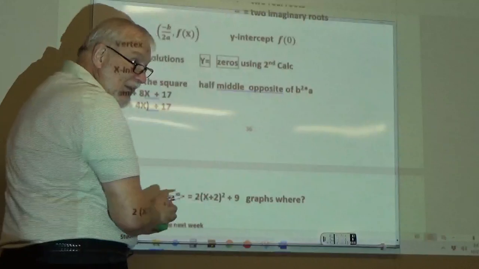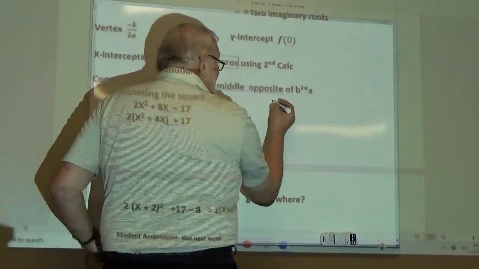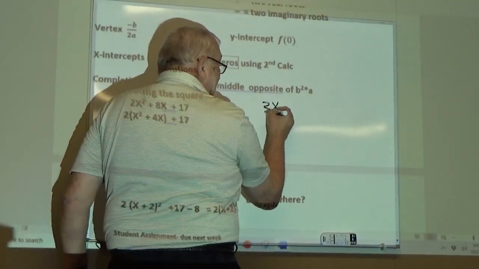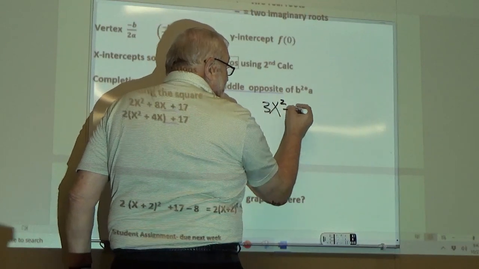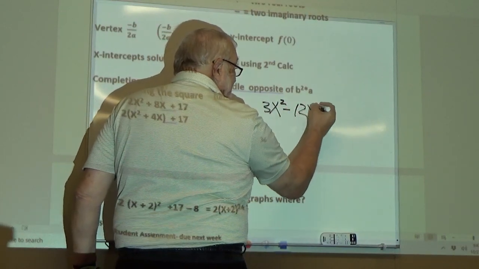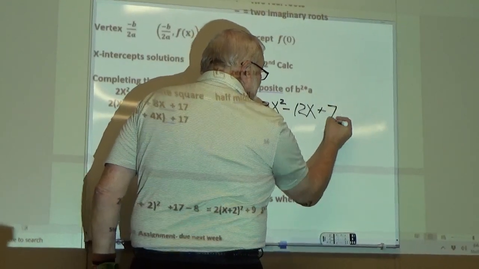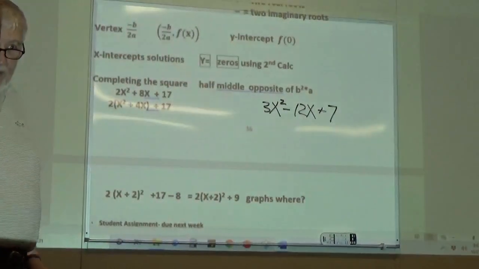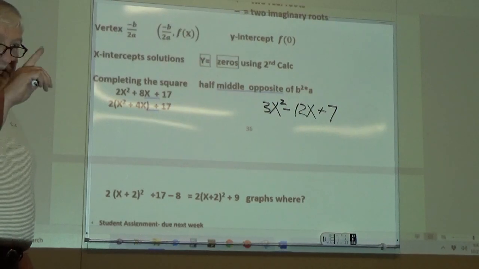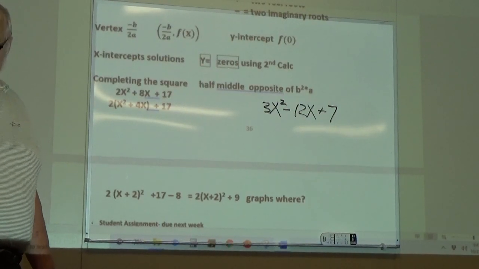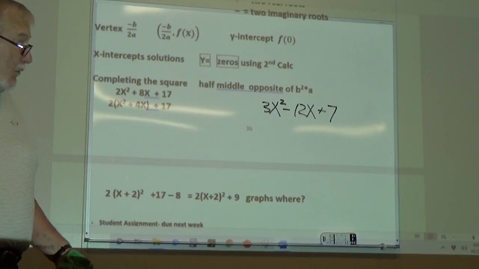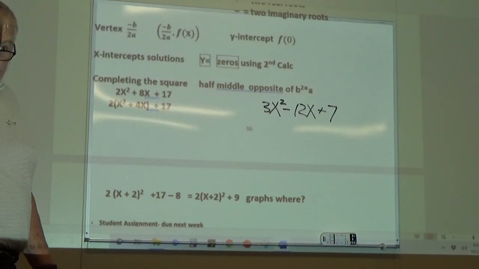All right, I'll make it easy, all right? Okay, so let's take 3x squared minus 12x plus 7. Okay, now, the first step is to get 1x squared. In order to do that, I have to factor.